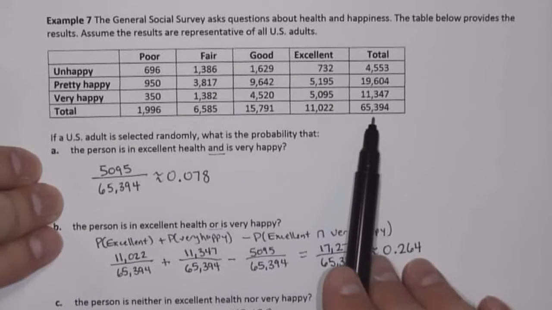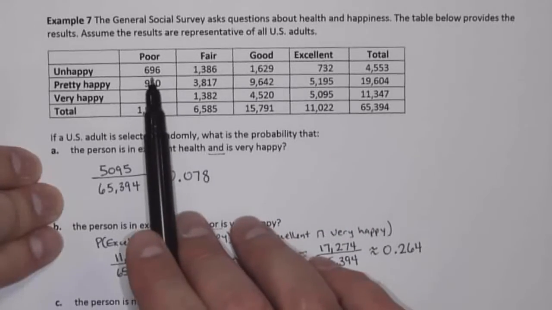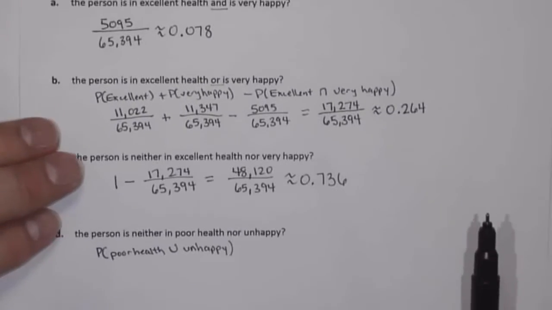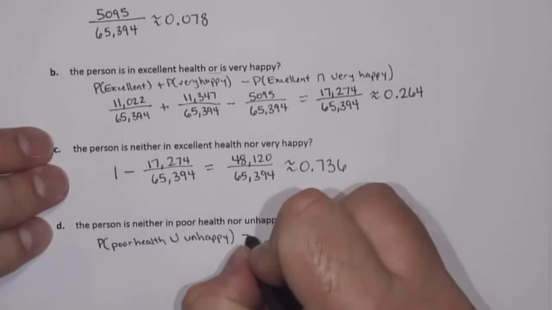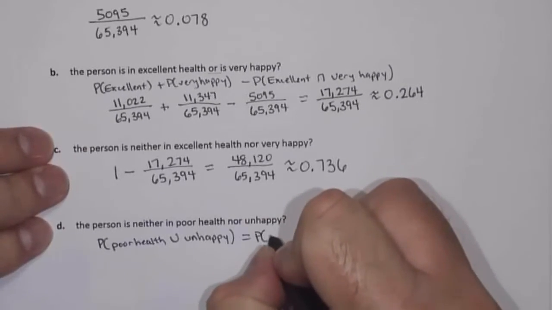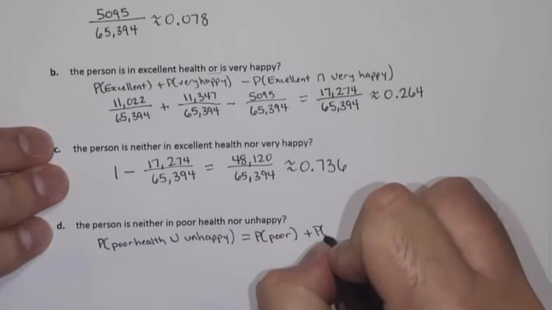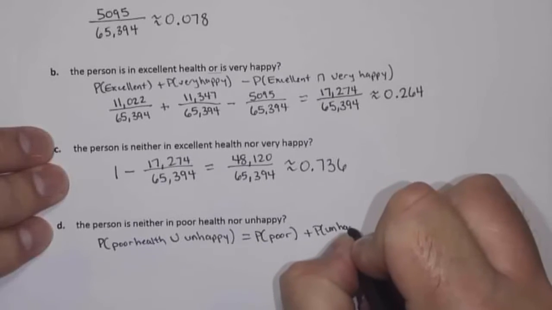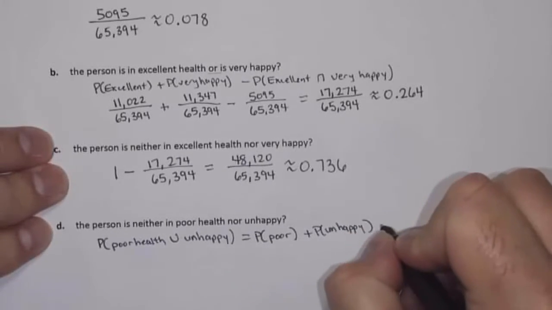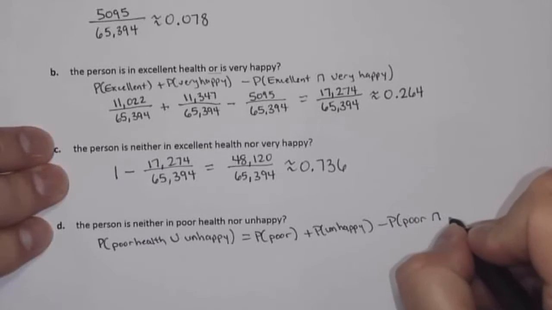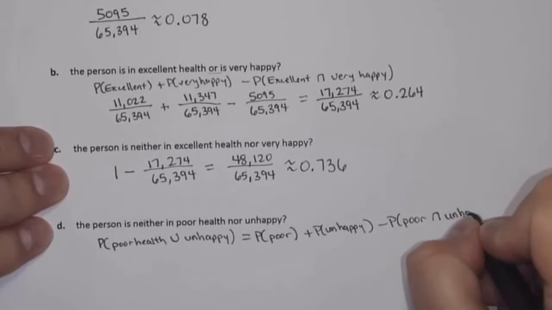And the probability of being both in poor health and unhappy is 696 out of the 65,394. So if I write that down, this is going to equal the probability of being in poor health plus the probability of being unhappy minus the probability of being in poor health and unhappy.